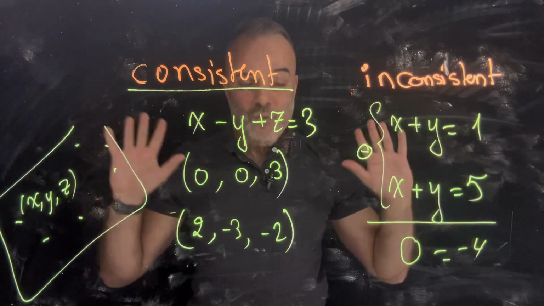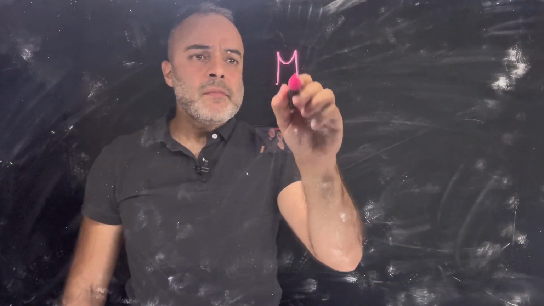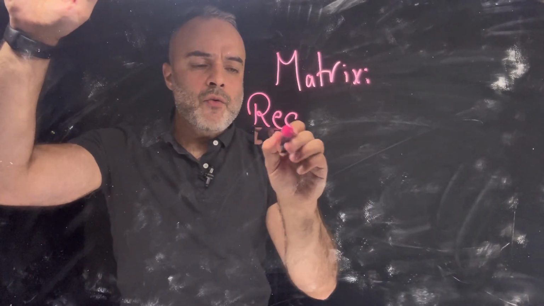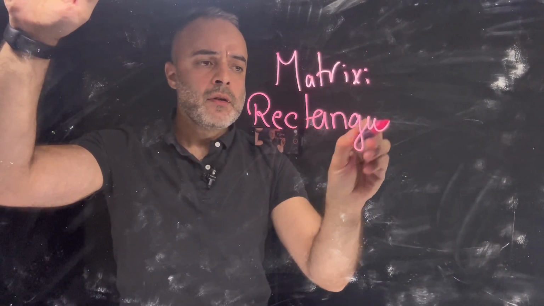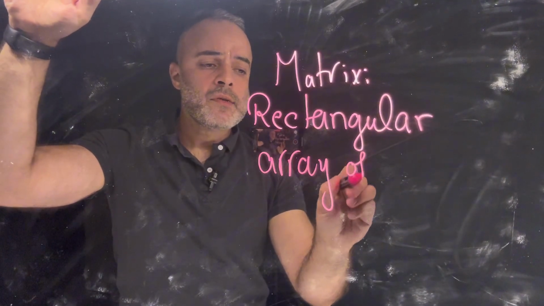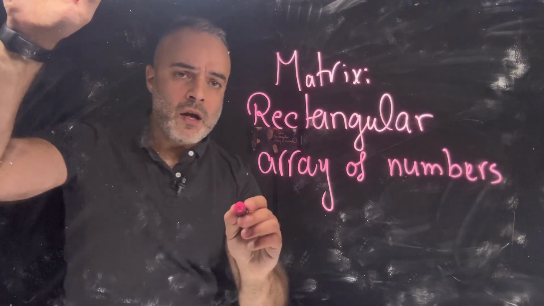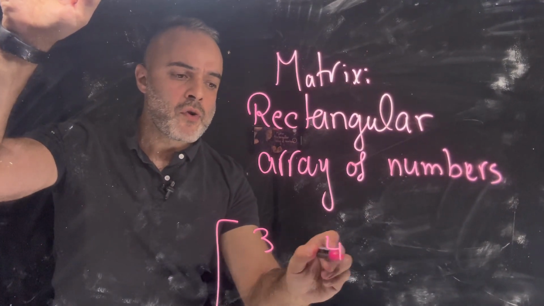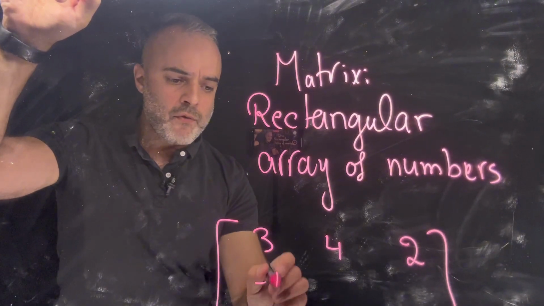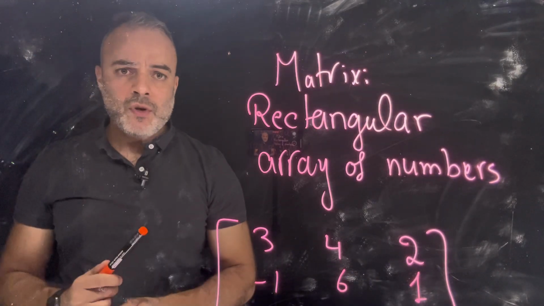Now, let me show you what a matrix is. Let me just erase first. All right. What is a matrix? A matrix is a rectangular array of numbers. Something like maybe 3, 4, 2, and -1, 6, and 1. Let me do another one here.